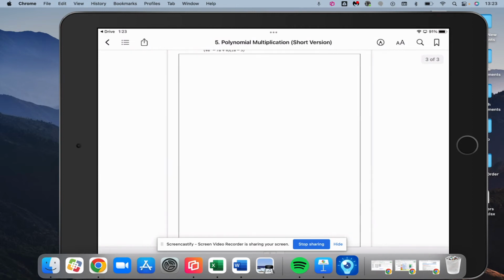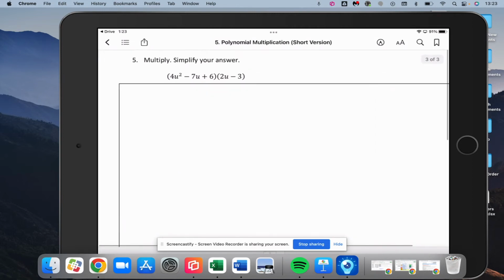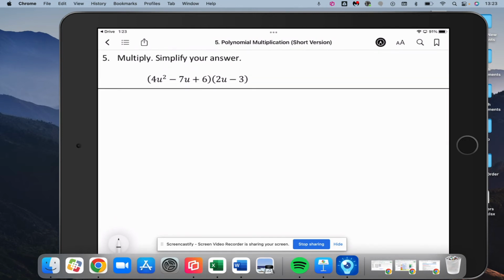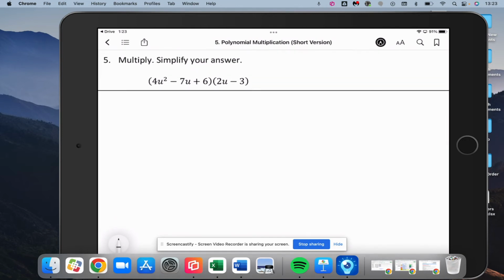And I think we have only one more to go. Number 5. So I'm going to handle this one exactly the same way that I've handled the other ones, recognizing this time that I have 1, 2, 3 factors over here and 1, 2 over there. So I need a box that is 3 by 2.